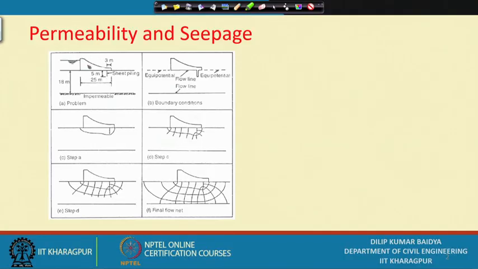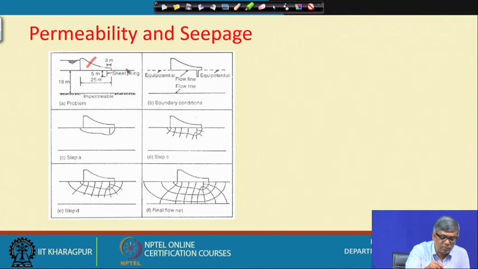Before drawing that, one has to identify the initial equipotential lines and initial flow lines, based on inspection. Suppose this is the dam structure and this is the body, and here the head is 0 and here the head is this much. Then from this to this distance the head is constant, and from this to this distance the head is also constant. So, this can be considered one equipotential line, and this also can be considered an equipotential line.